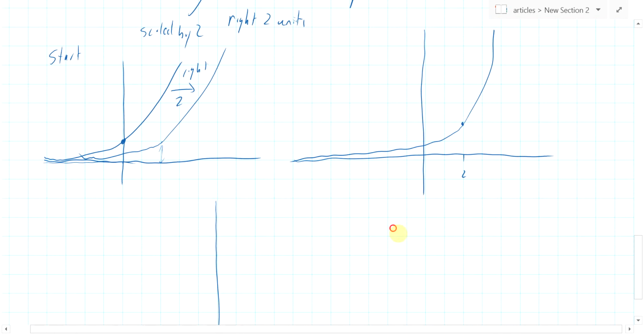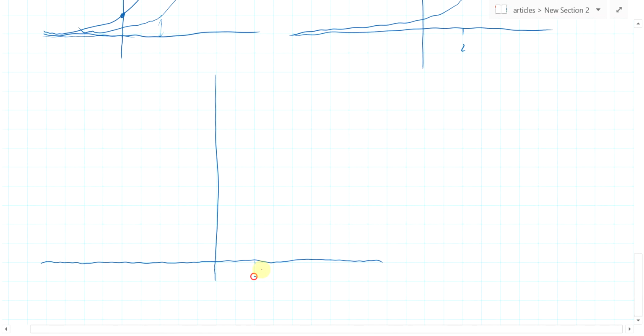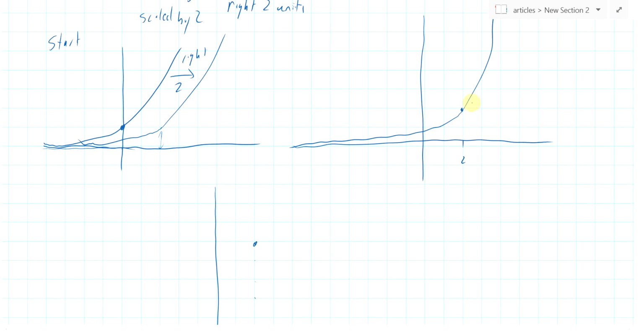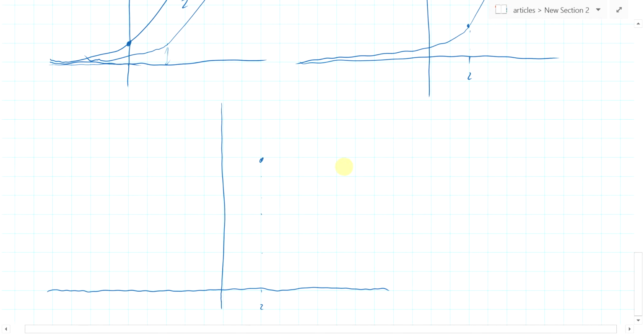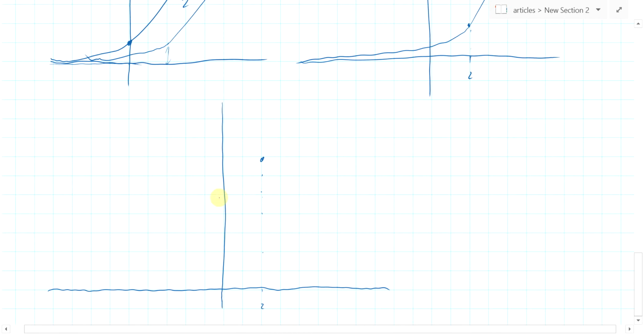We add 5 to it to move it up 7. So we're at 2. 1, 2, 3, 4, 5, 6, 7. The tail here is 2 units down and out to minus infinity. So we go down 1 unit, 2 units. This is where the tail is going to be, and then it's just going to come over and go out that way. And so that is y equals 2e to the x minus 2 plus 5.